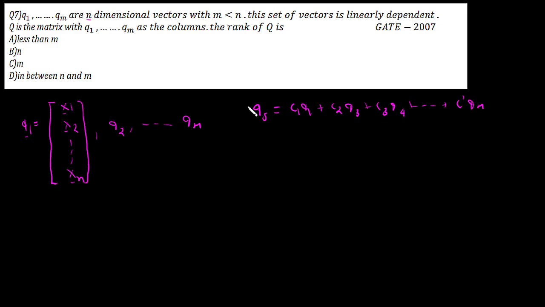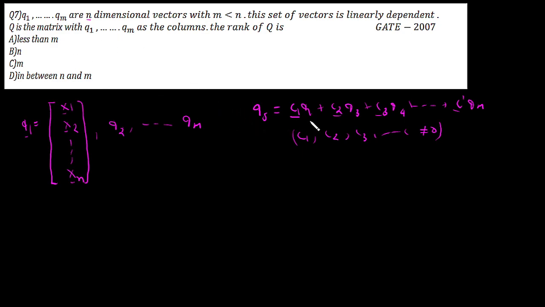So I can form this q5 vector with the help of the other vectors in this linear form after multiplying by scalars, and the necessary condition is that these variables c1, c2, c3 up to whatever are non-zero. This scalar must be non-zero for linear dependency.